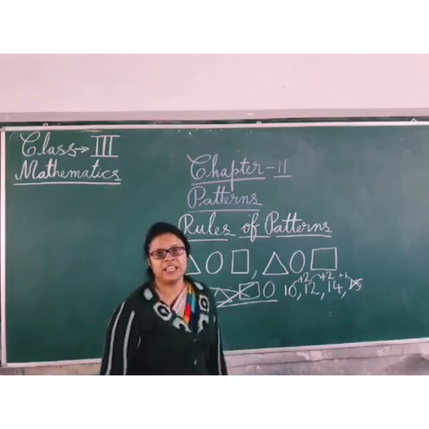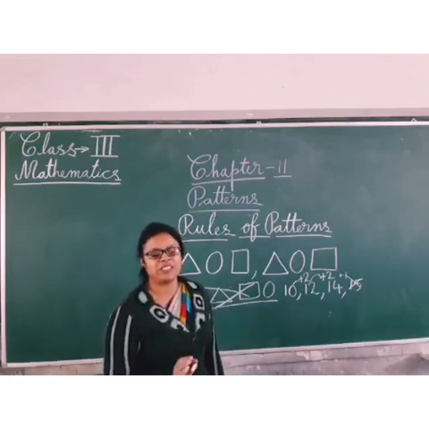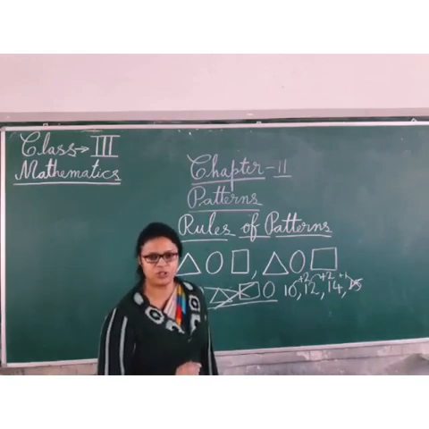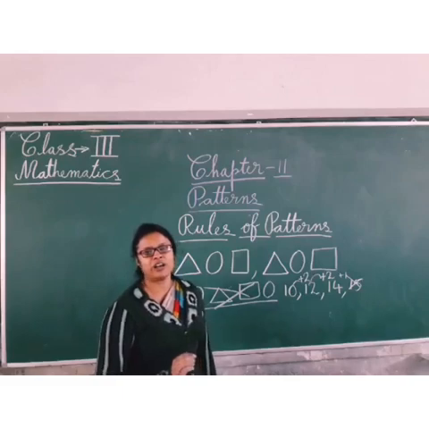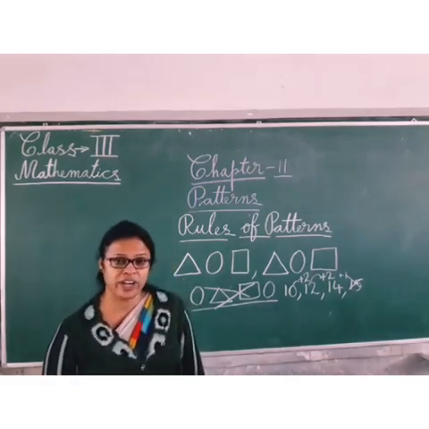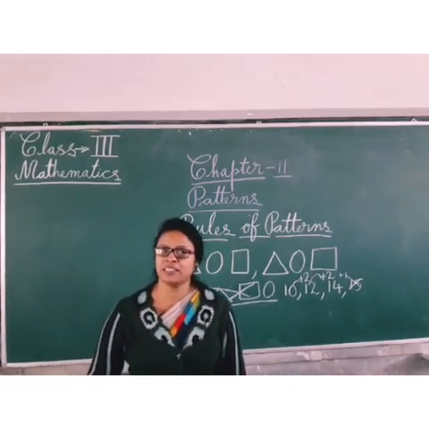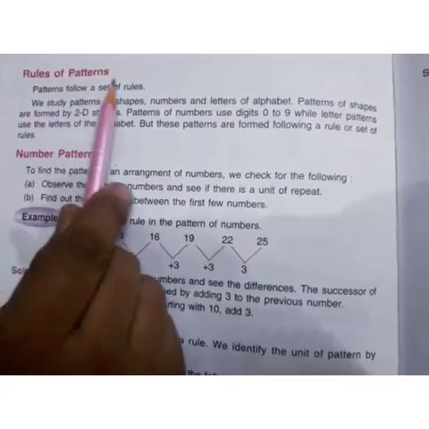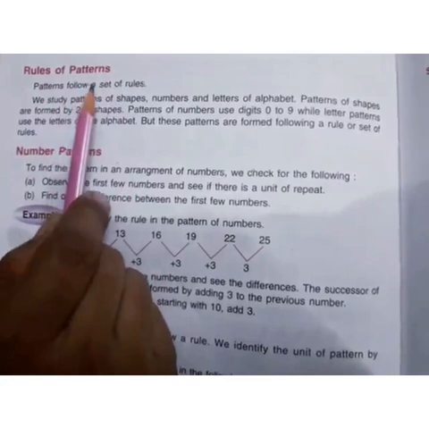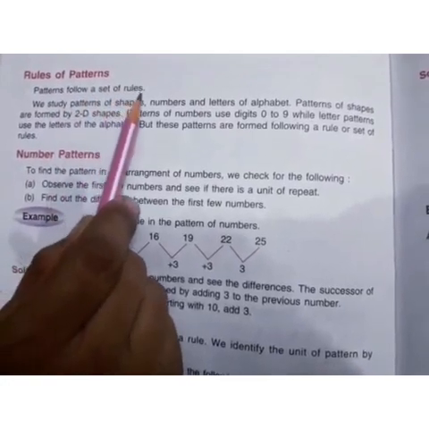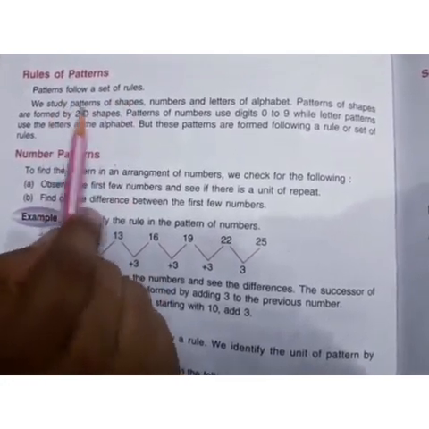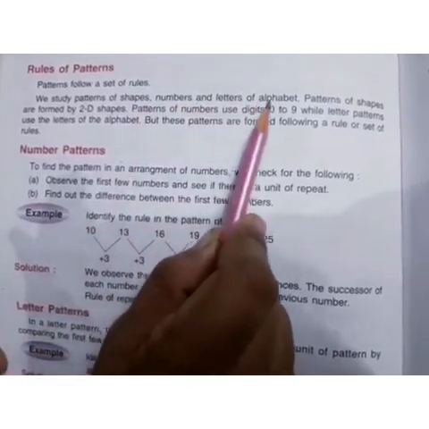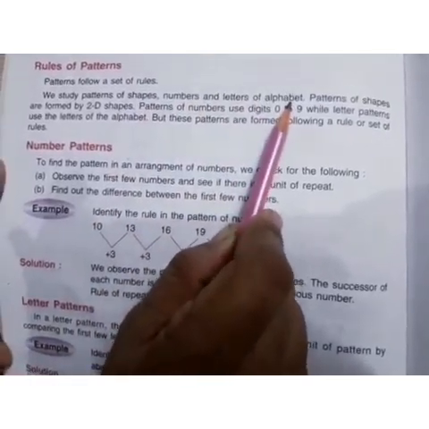Now we will see the book and we will understand more about patterns, and also we will solve our exercise. There is only one exercise in chapter 11 that we will solve. Rules of patterns: patterns follow a set of rules. We study patterns of shapes, numbers and letters of the alphabet.